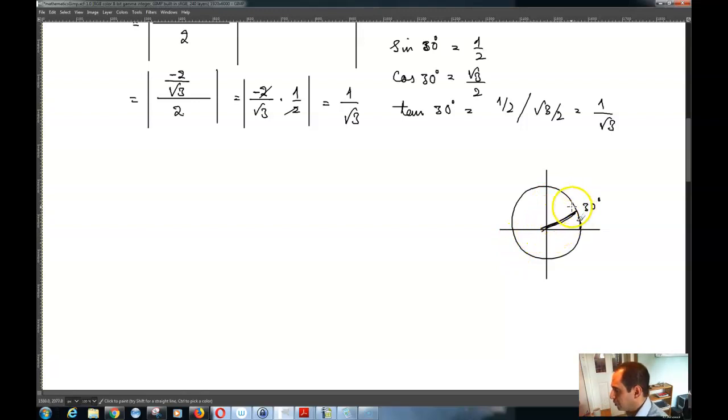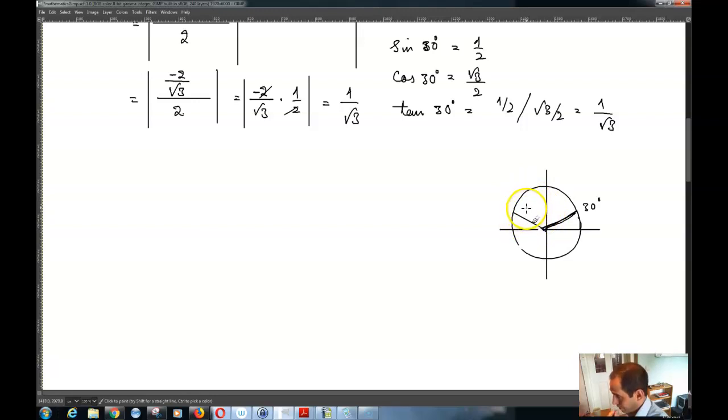tan value, which is this angle over here, because over here you see your sine is positive, your cos is positive, and over here your sine is positive, your cos is negative, so tan over here would be negative.